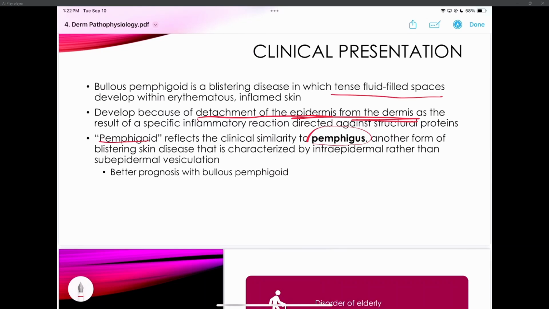Pemphigus is the more severe form of the disease, so you have a better prognosis with the pemphigoid. Whenever you see something that ends in oid, it means like whatever it's describing. So pemphigoid is like a pemphigus, but it's not totally it.